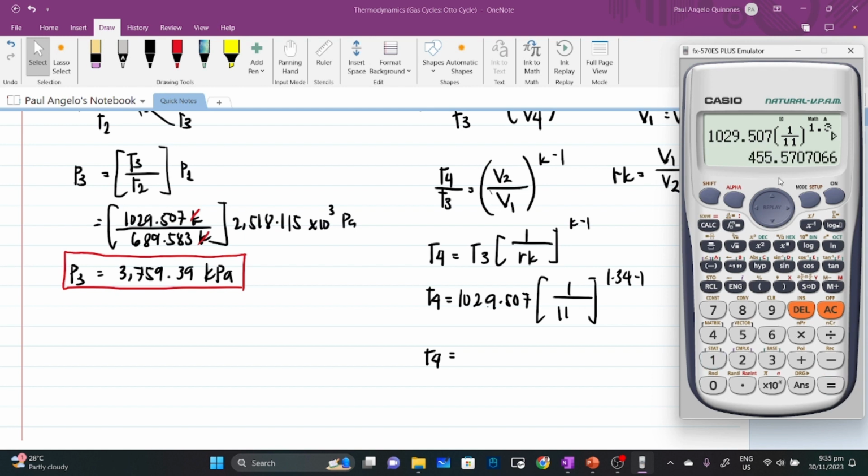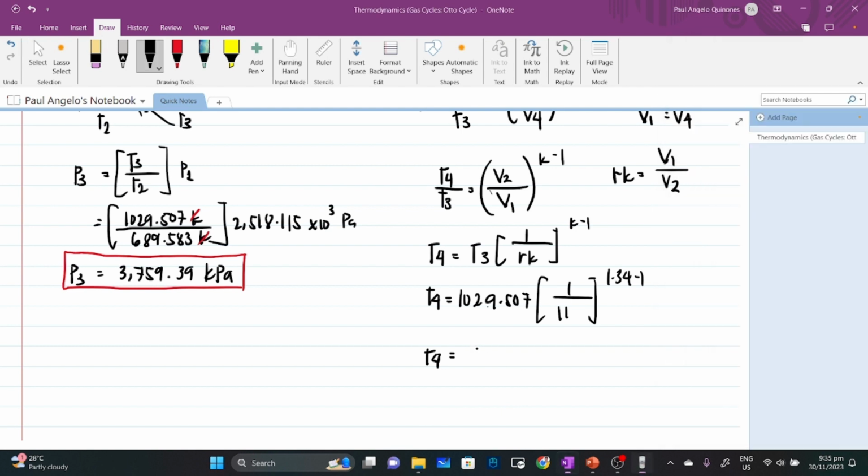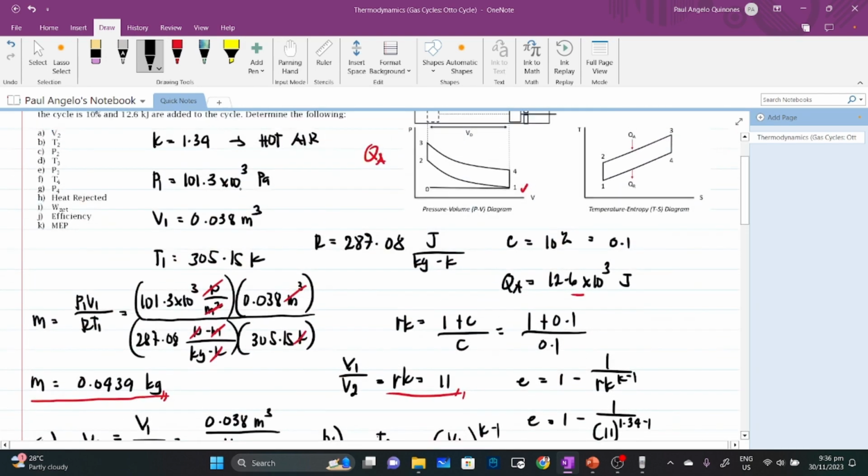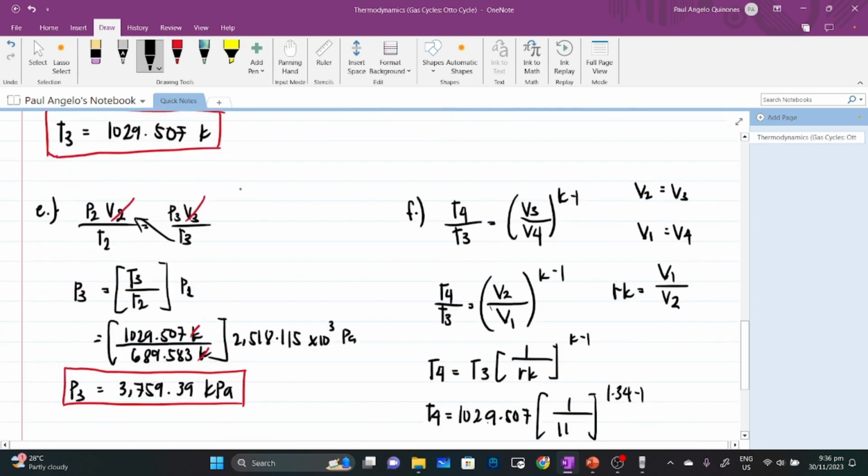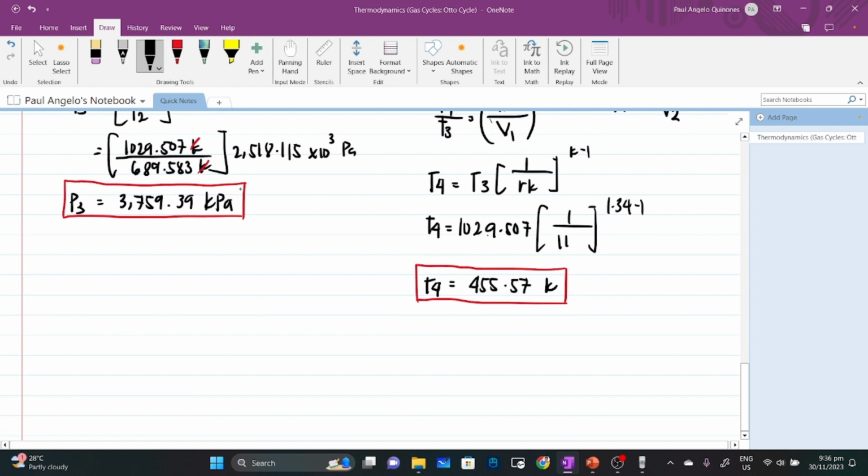So we have a temperature of 455.57 Kelvin, which is relatively less than your T sub 3. Okay? Next. So we are asked as well in letter G to locate letter G.